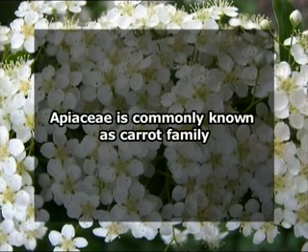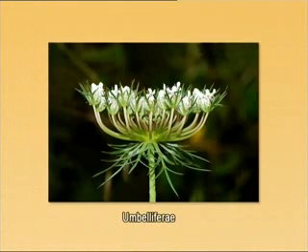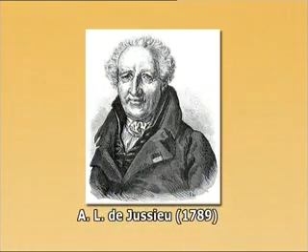Apiaceae is commonly known as the carrot family. The family was first established as a formal taxonomic category under the name Umbelliferae, and not Apiaceae, by A.L. T. Chisu.